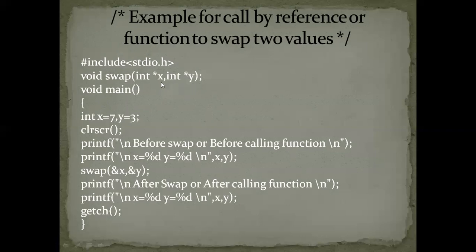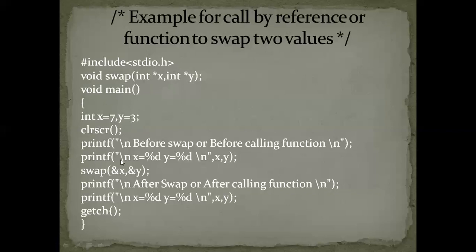As of now, I have told you the definition of a pointer, that is, a pointer is a variable which stores the address of another variable. So this is a function prototype, and execution of the program starts from the main function. The same variables x and y have been taken here. I have defined and initialized the variables x is equal to 7 and y is equal to 3.